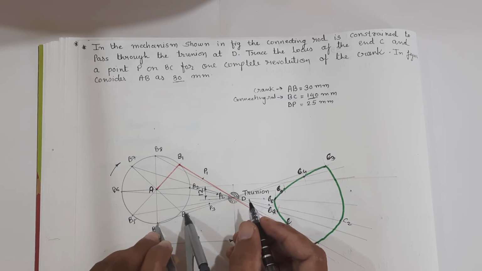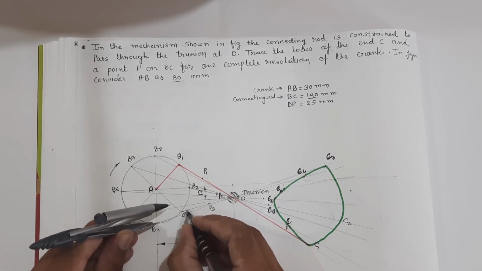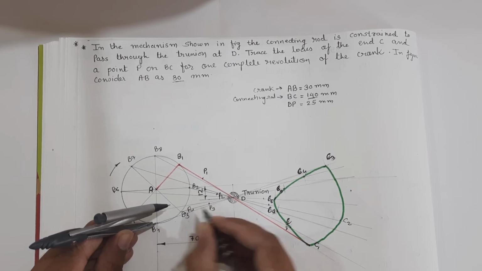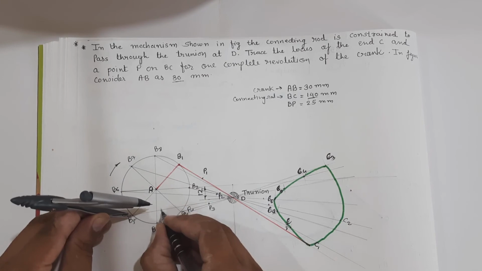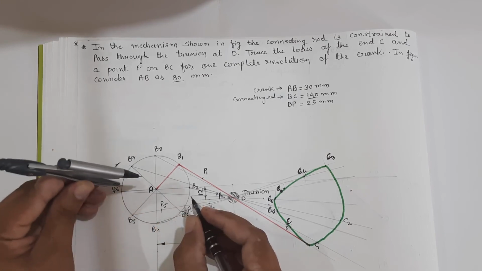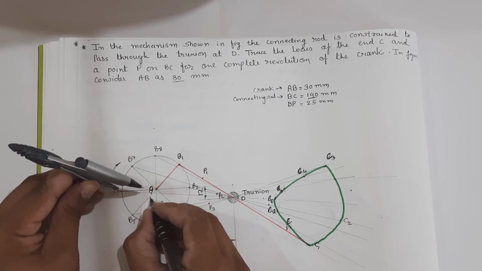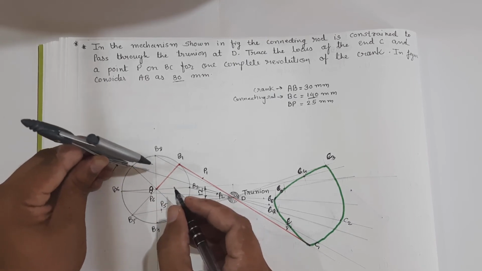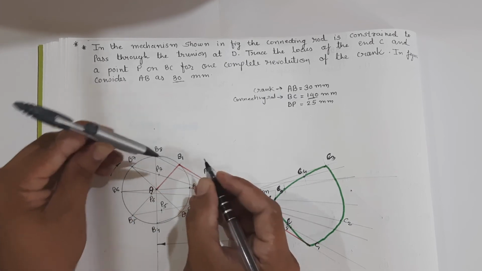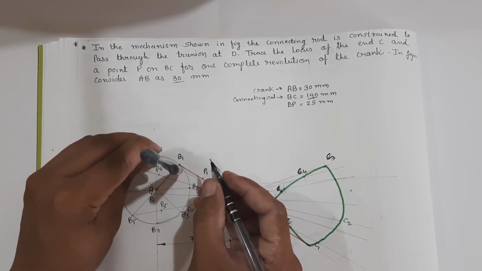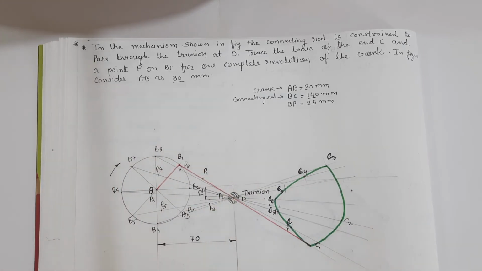B4, over here, this point will be P4, P5. Over here, this will be P6. This will be P7, and this point will be P8.